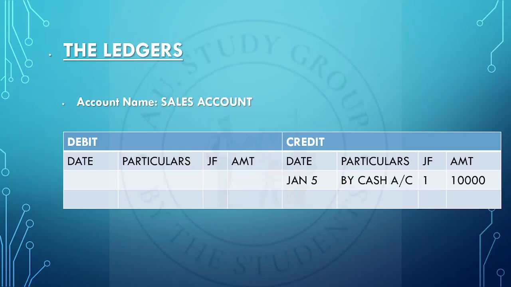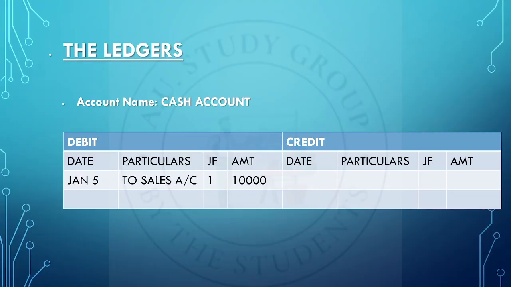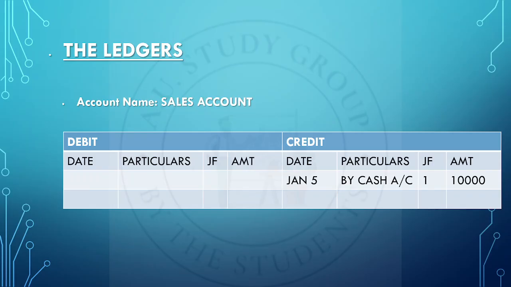Similarly, in the sales account, what do we write? On the credit side, we write "By cash". Now the rule of "To" and "By" is the traditional method. Why do we write "To" and "By"? On the debit side, you always write "To". On the credit side, you always write "By".